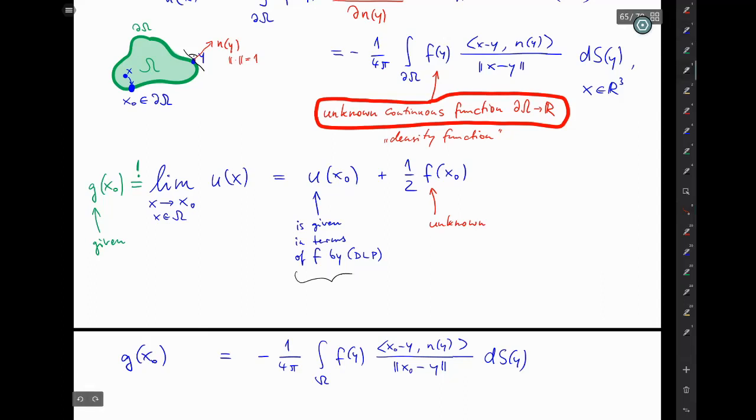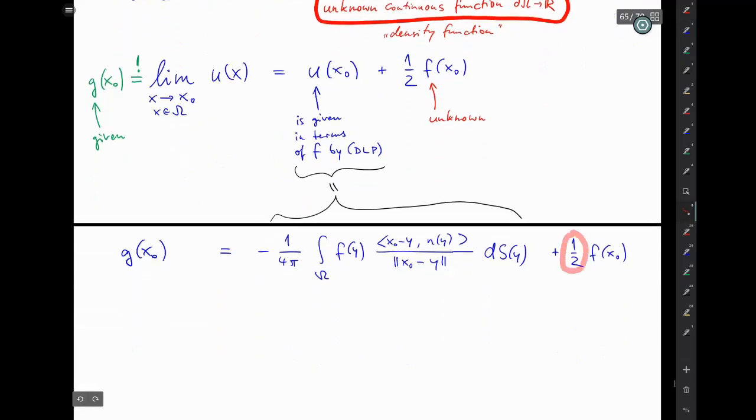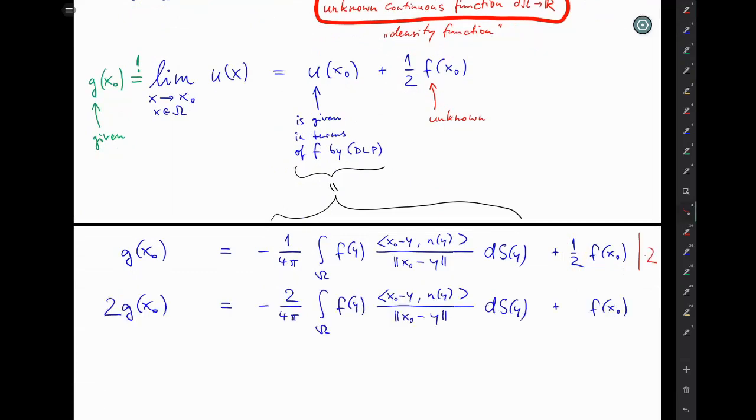Okay, so this. And now let's not forget about this part here. Okay, to get rid of this half here, you would multiply everything by 2. And then you simplify here.